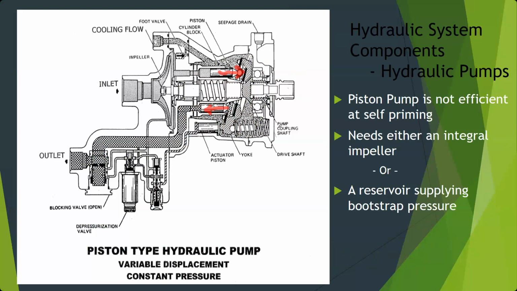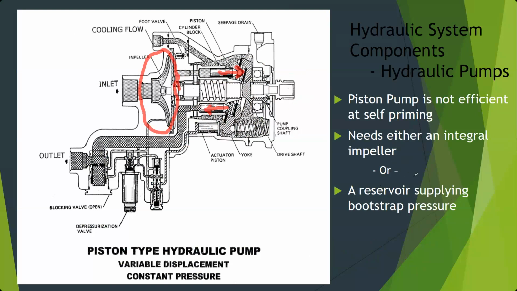Now the pump itself, these are not the greatest at being self-priming. So if they get air in them, they really don't do a good job of getting started. And so this version right here has actually got a second pump attached. It's got an impeller or a centrifugal pump on it that's used to help prime the piston pump. So this shows an integral impeller.